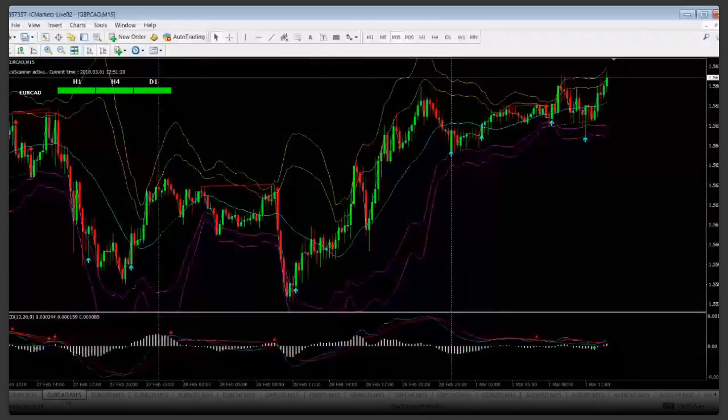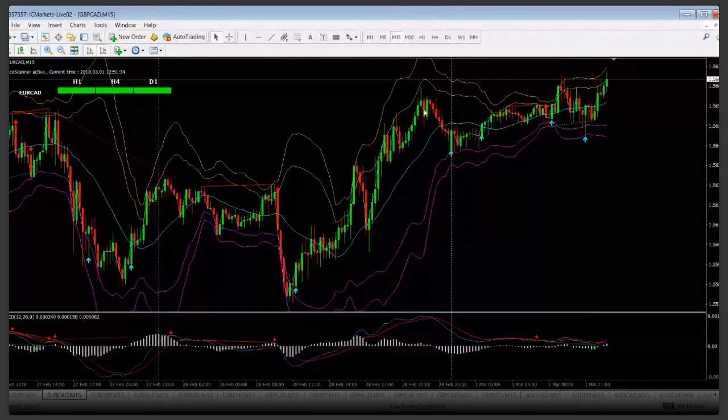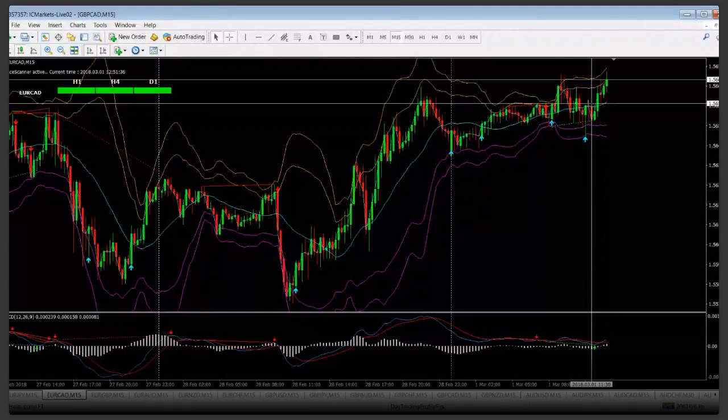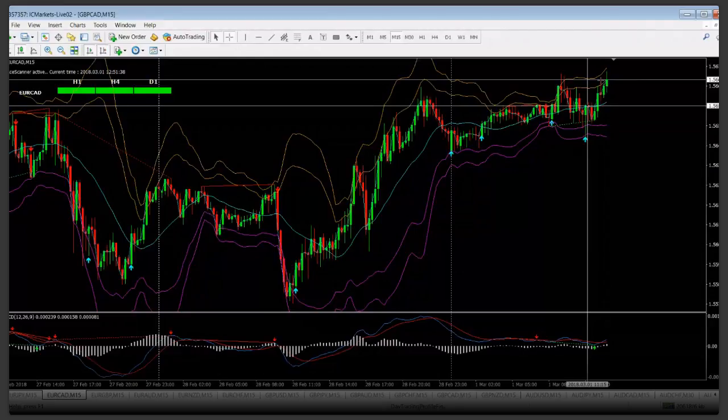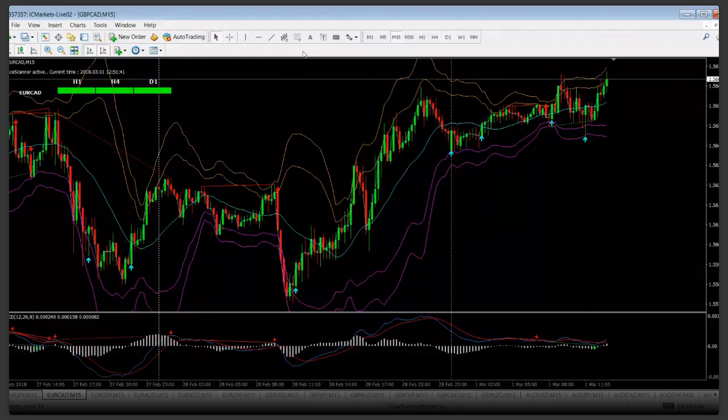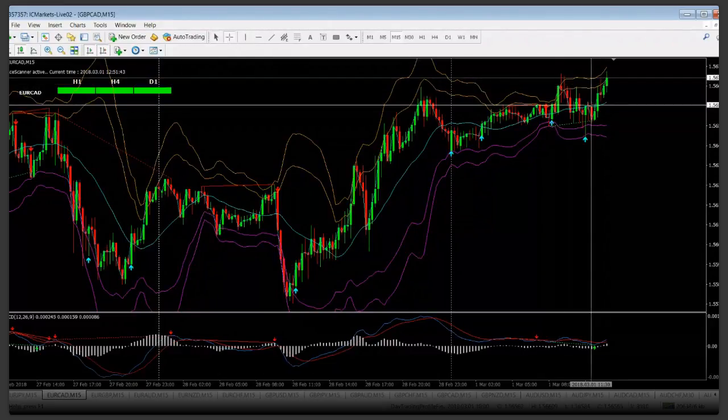And look at the Euro CAD trade from earlier. We got 8 pips on it, and it's hardly enough.